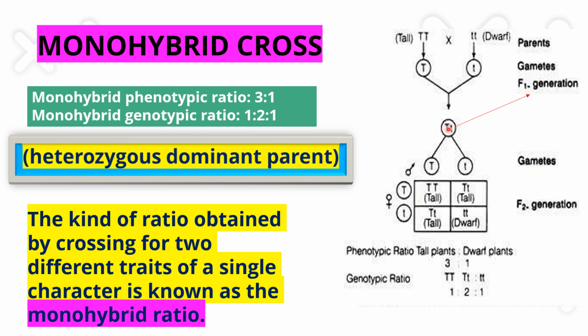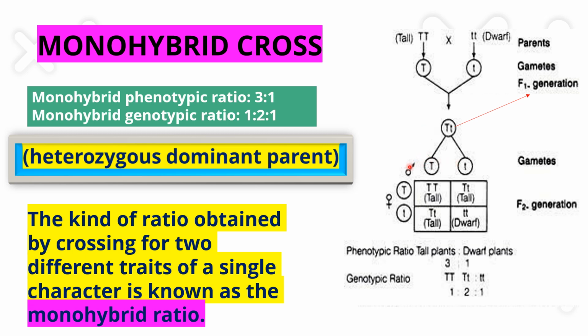After selfing this F1 generation, the phenotypic ratio will be 3:1, genotypic ratio will be 1:2:1. Why? After F1 selfing, the parents will be heterozygous dominant.